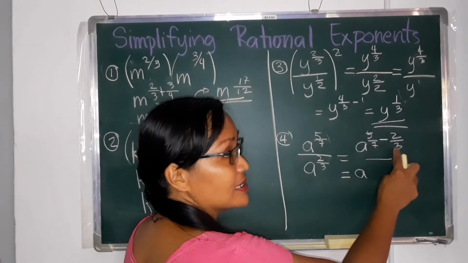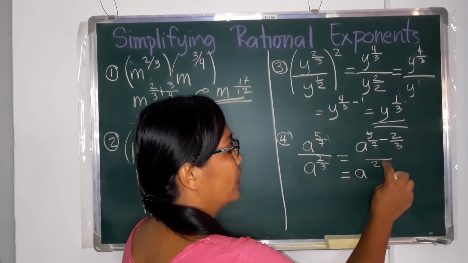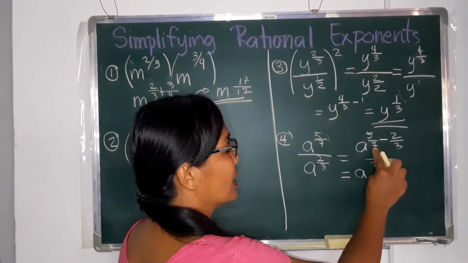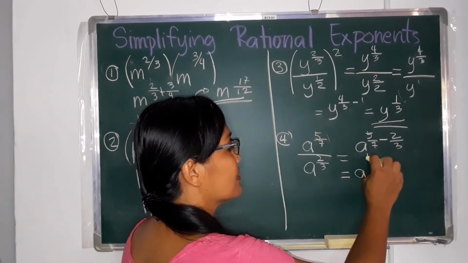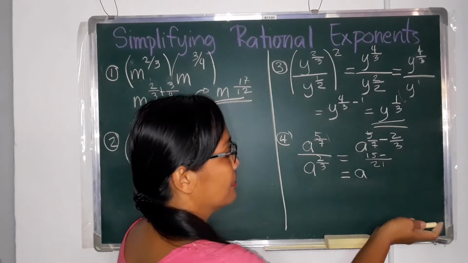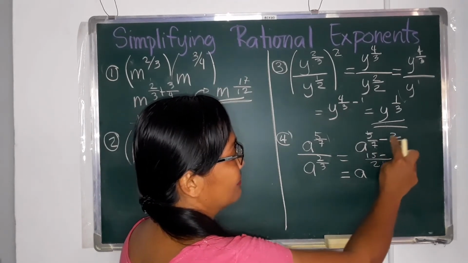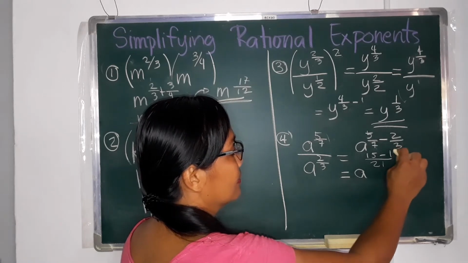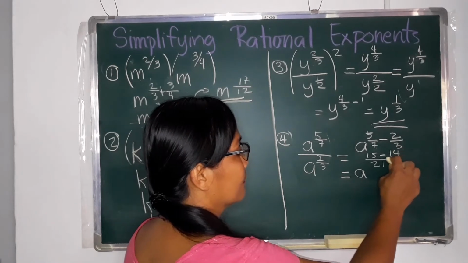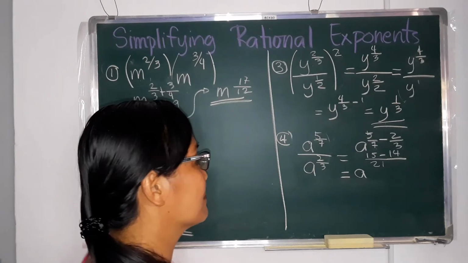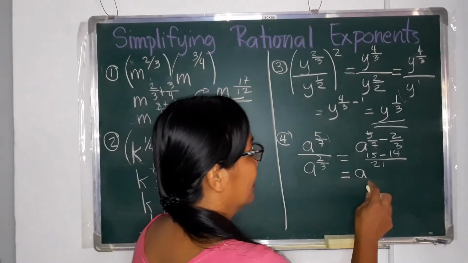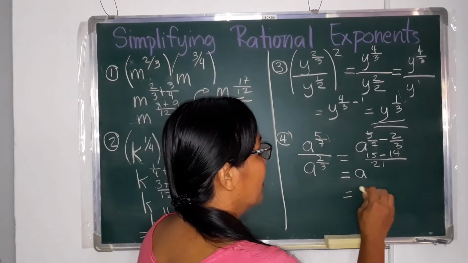Their LCD is 21. 21 divided by 7 is equal to 3. 3 times 5 is equal to 15 minus 21 divided by 3 is 7. 7 times 2 is 14. Okay. Next. Then simplify.